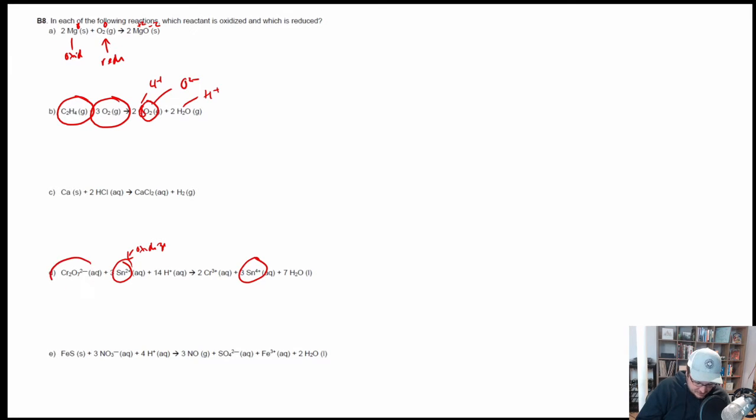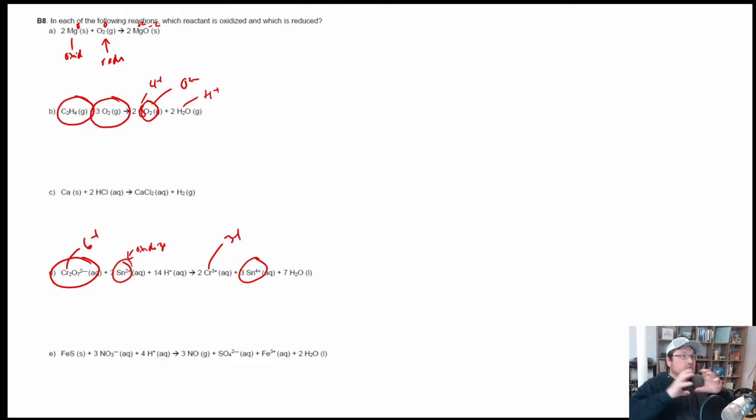In the case of the Cr2O7 2 minus, the oxygens don't change oxidation state. The chromium atoms do. So in this case right here, you have 6 plus charges on those chromiums, whereas right here, you have a 3 plus charge. So technically, the chromium is being reduced in this case.